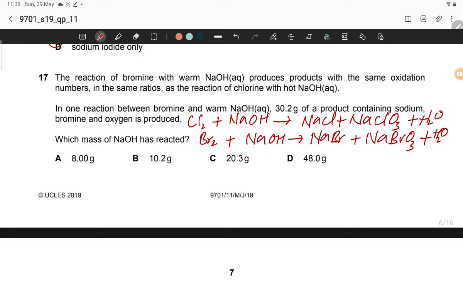Br2, BrO3, so 3 oxygen, 6 over here, 5, and this is 5 Br and 3 Br2.